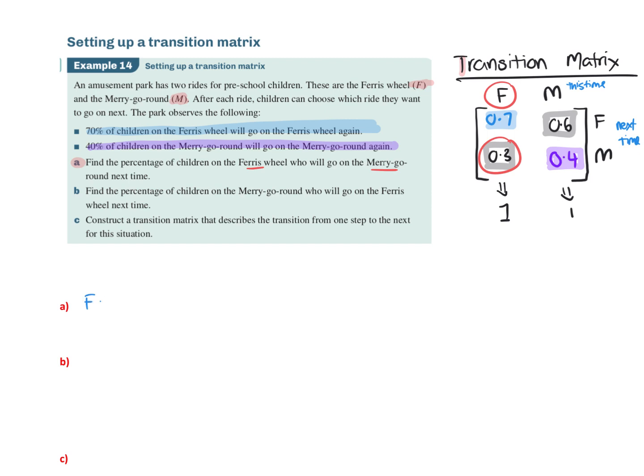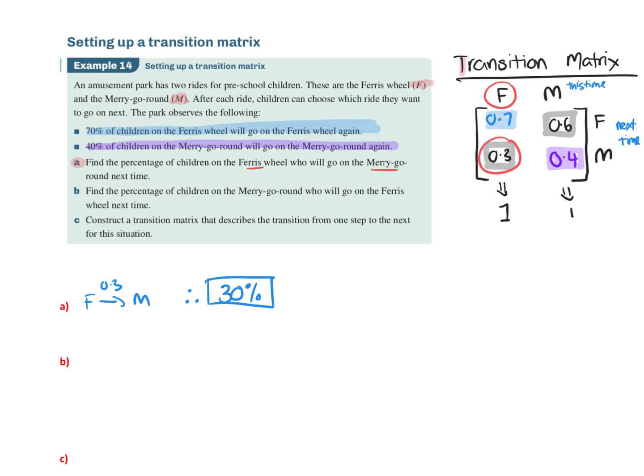Ferris wheel to merry-go-round is 0.3. So therefore, how much percent? 30%, good. Once we write it, just pop a box around your answer. So there I'm giving a little bit of information so the person marking your work can understand where you're getting it from in case you've got mixed up.